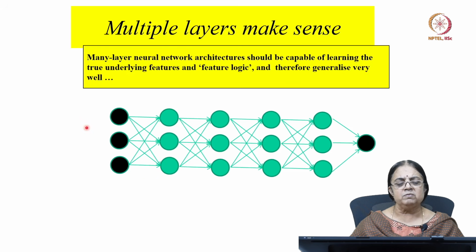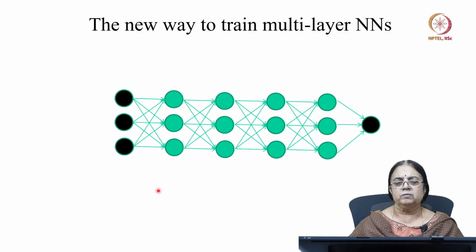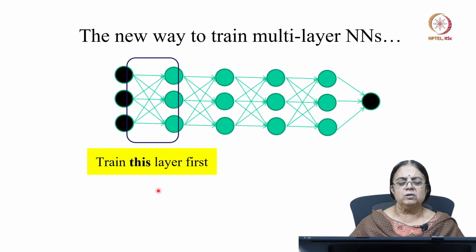So you have something like this. This is what is called a deep neural network. We have many layers in between, and then we have the final node. So what is it that we do here?